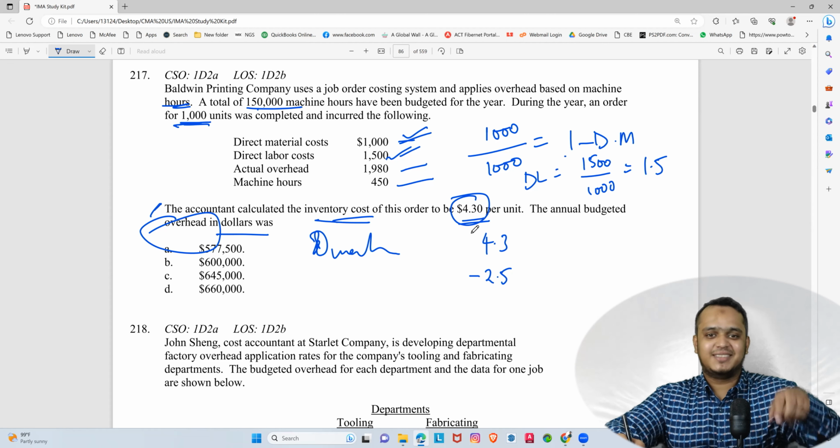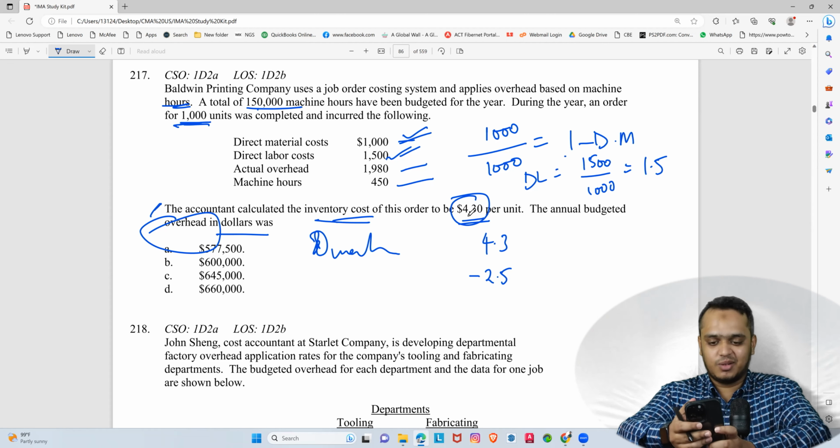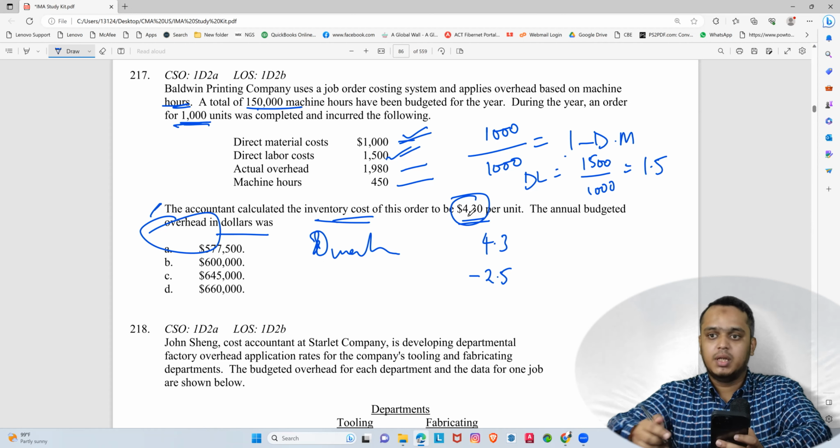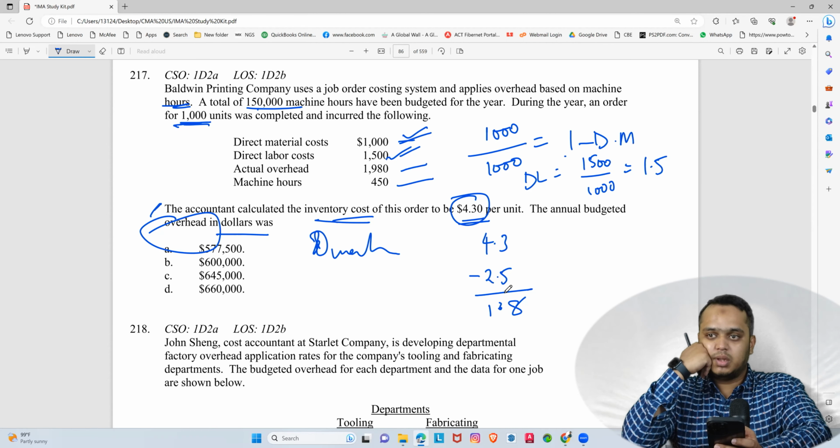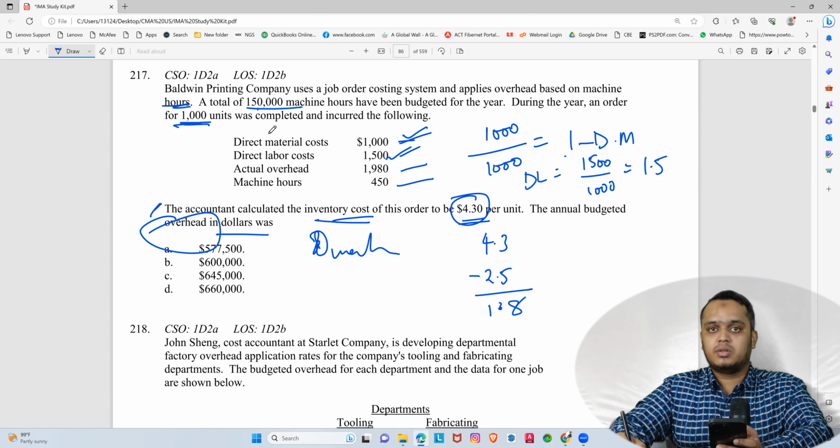For this we should use our calculator. Yes, 4.3 minus 2.5 is 1.8. Now the annual budgeted overhead in dollars, so we have our machine hours. Machine hours budgeted is 150,000. What would be the value of it?